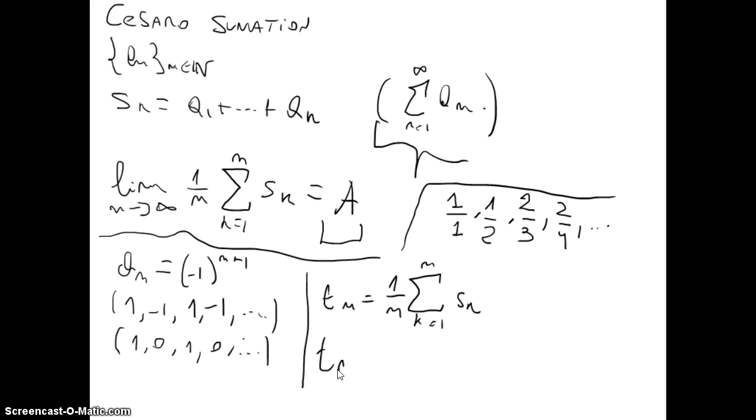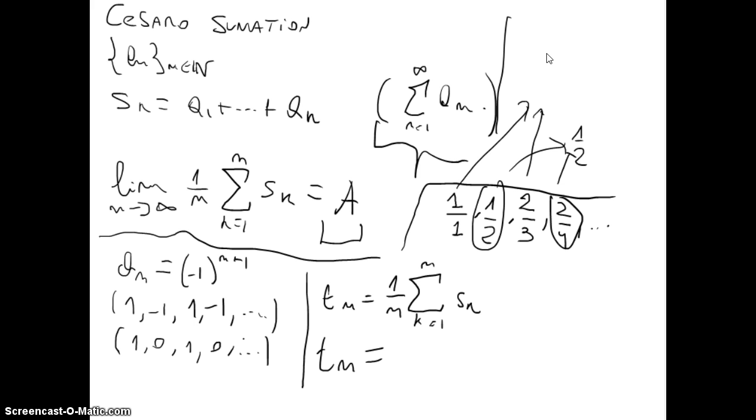So this limit now one can calculate it, because now we will have two subsequences. One that always is a half, and then another one that will be k over 2k minus 1.